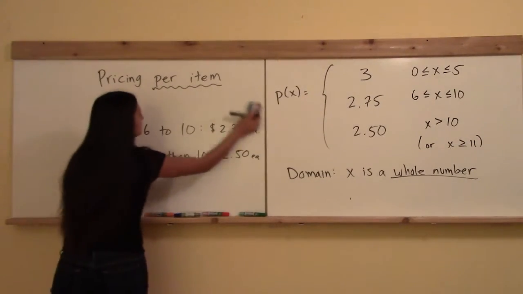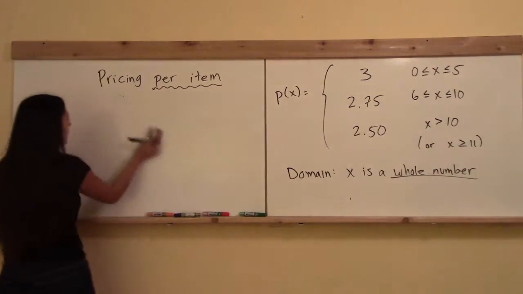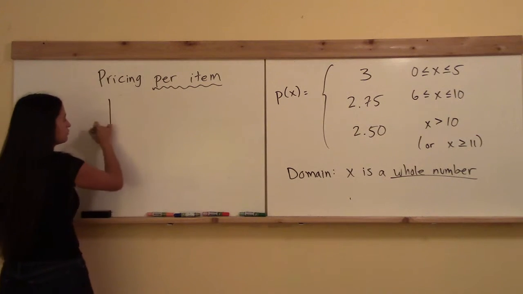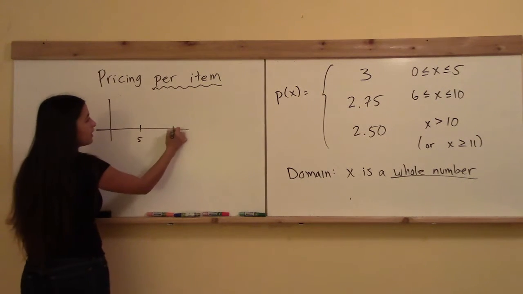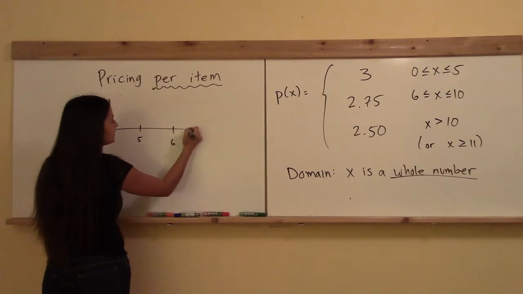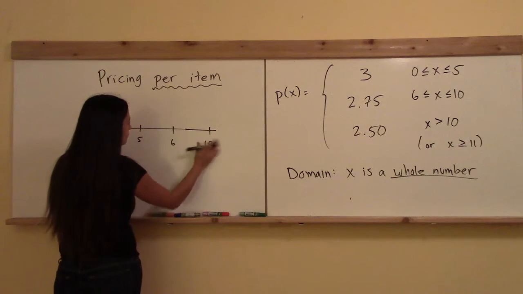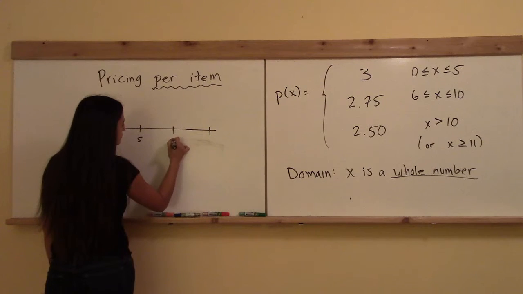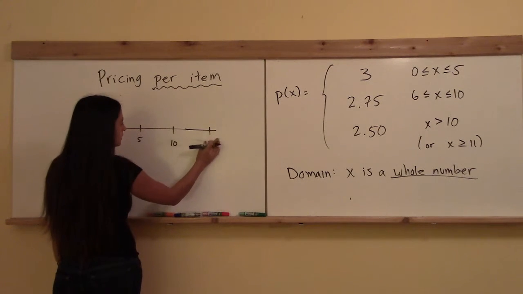And if you wanted to consider what that would look like as a graph, then you would just see a bunch of straight lines, like here's 0 to 5, here's 6 to 10, and then this is beyond 10.